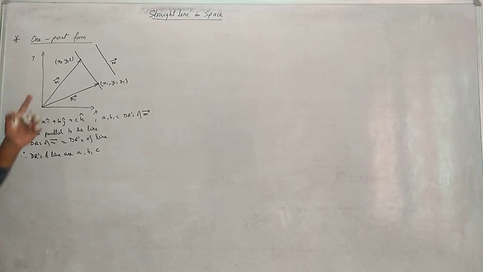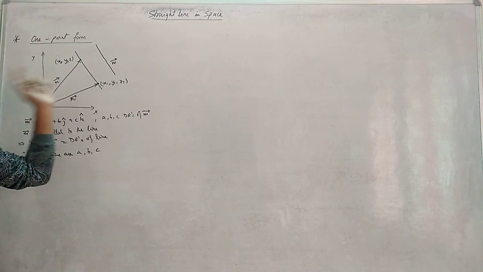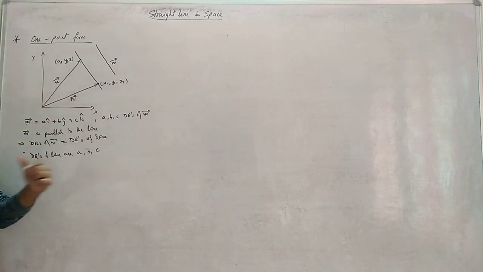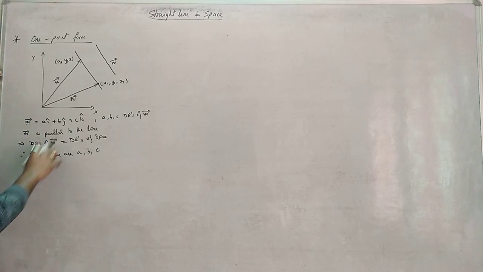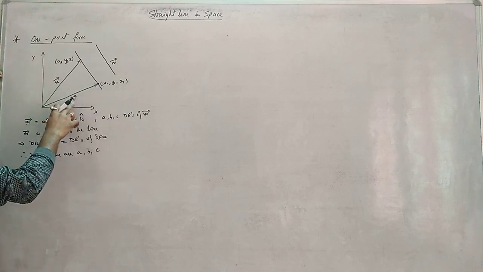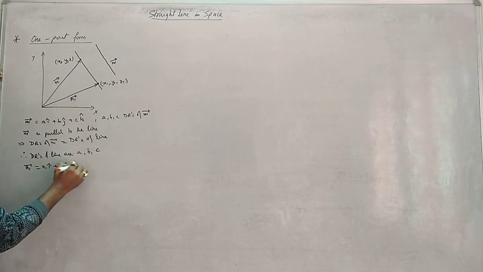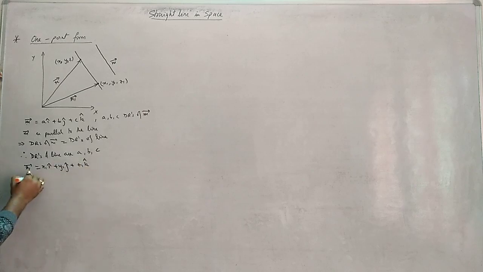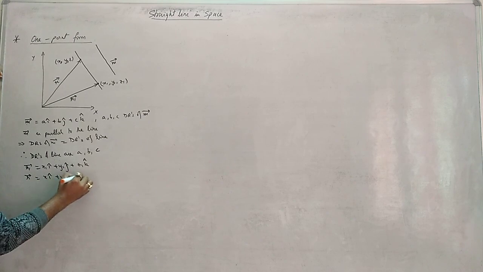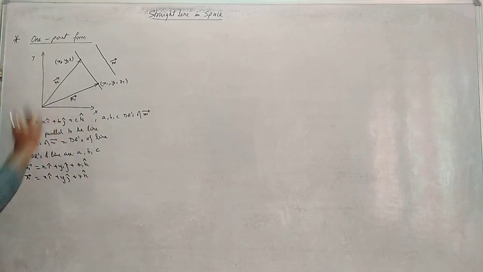So when we know a vector which is parallel to a line, indirectly we know the drs of line. Clear? Now, we know a point whose position vector is given to you. Then what is r1 vector? x1 i cap, y1 j cap and z1 k cap. What is r vector? x i cap, y j cap plus z k cap, because the points are given.